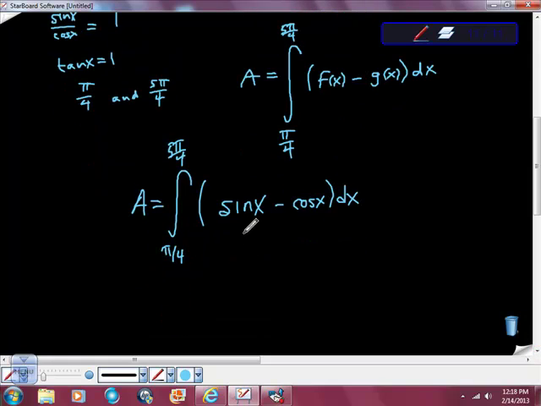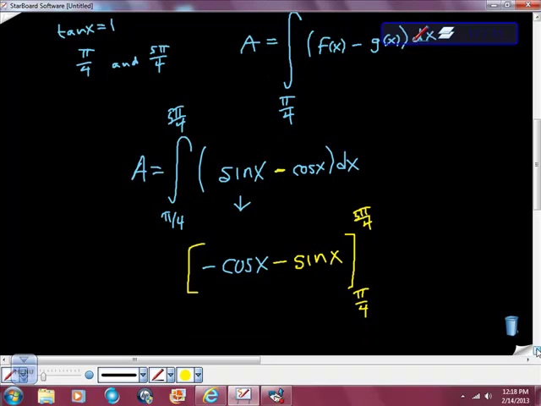So when I integrate this, remember the integral of sine of x is opposite cosine x, keeping in mind that this negative sign right here is this negative sign right here. When I integrate cosine of x, I get sine of x, right? And then we're just going to use a little bit of notation here and say that we're going to evaluate this from pi fourths to 5 pi fourths.